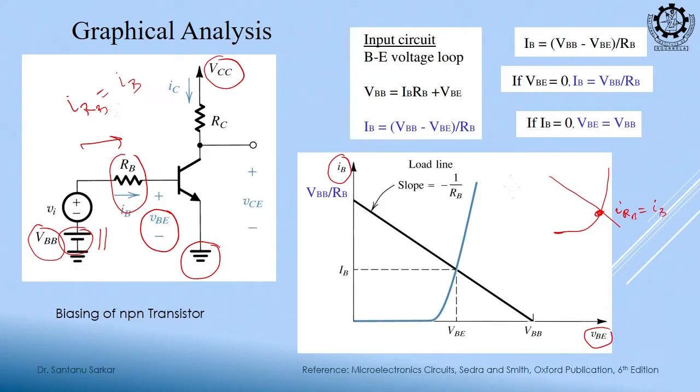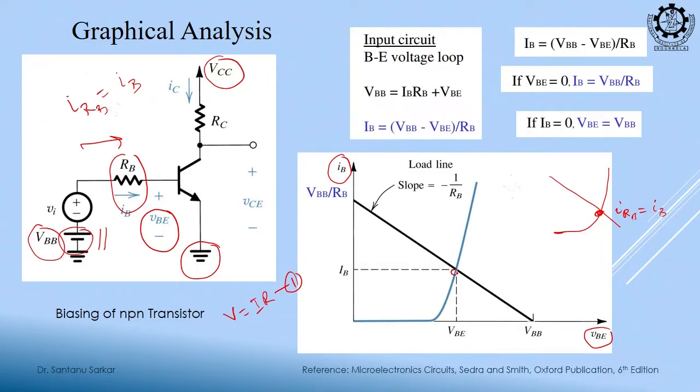I can equate these two and get the value. I have an expression V equals IR, ohmic law. From this I get one equation, and IB equals IS by beta times exponential of VB by VT. From there I get another equation, and solving these two, putting one into the other, we get the IB value, right. So this is the mathematical way. What is the graphical way?